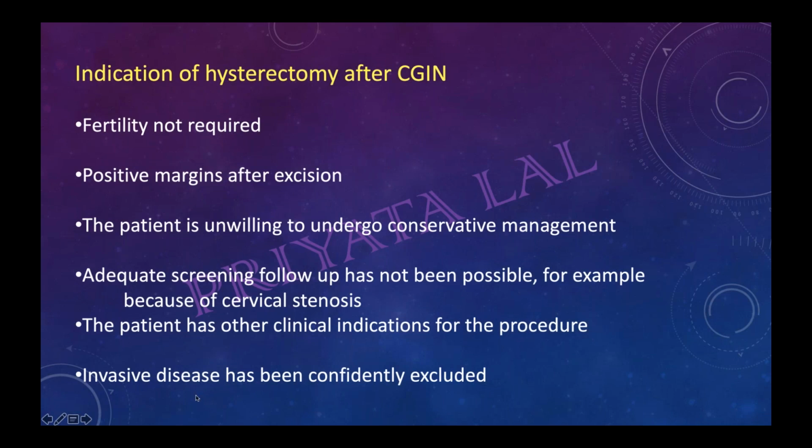It is important for part 2 people because they can get this as an SBA, but it is also important for part 3, because if you get an older role player and CGIN has come as the diagnosis on the biopsy, apart from excision you can also offer hysterectomy as an option. So this knowledge is important for both part 2 and part 3 people. Is the thing clear? Should I move ahead?